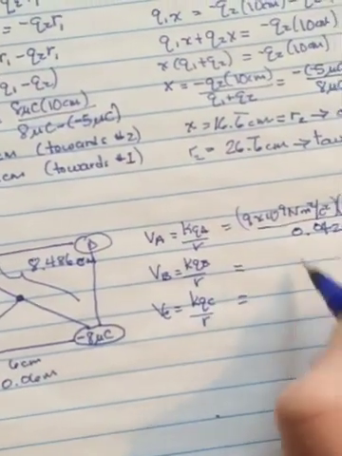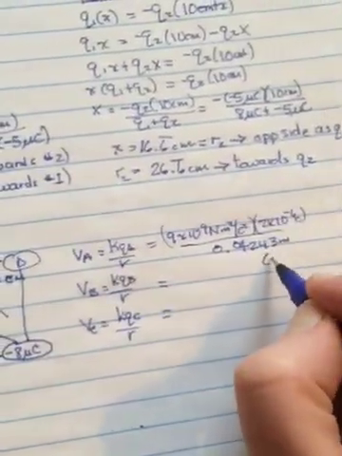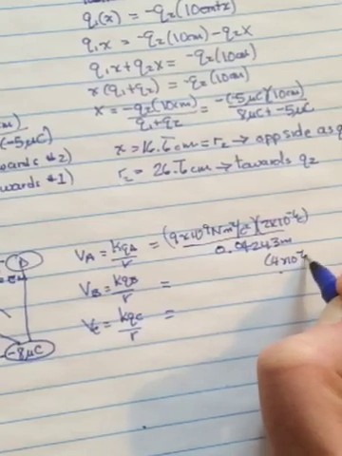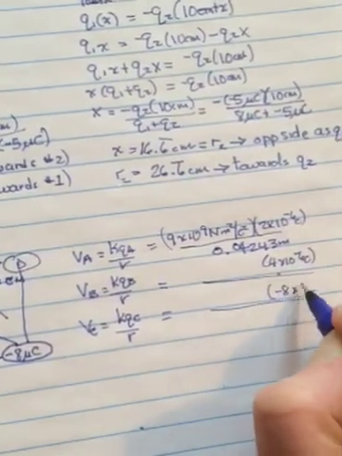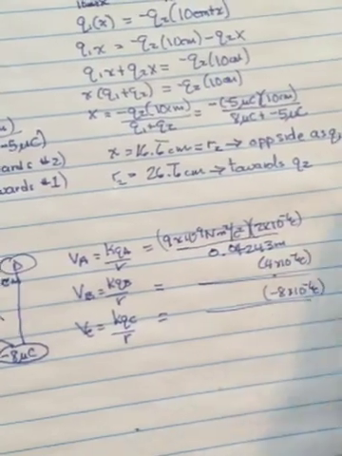The same down here, except the numbers here change to 4 times 10 to the -6. And this one is -8 times 10 to the -6. Running out of video, that's why I'm rushing.